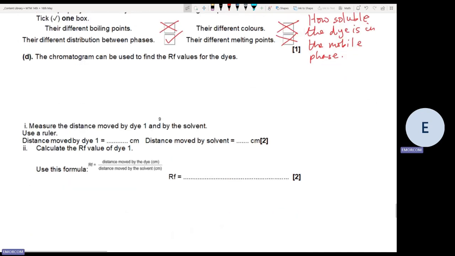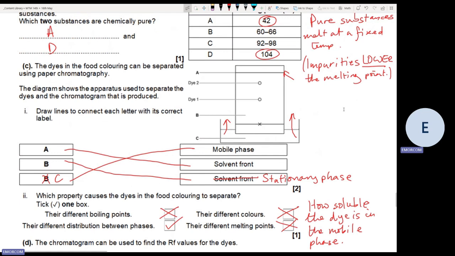And part D says the chromatogram can be used to find the RF values for the dyes. Measure the distance moved by dye 1, so make sure you do the correct one, and by the solvent, and use a ruler, and then calculate the RF value of dye 1. So obviously we're going to have different values, especially because you've got this on a compressed piece of paper compared to the original size of the exam.